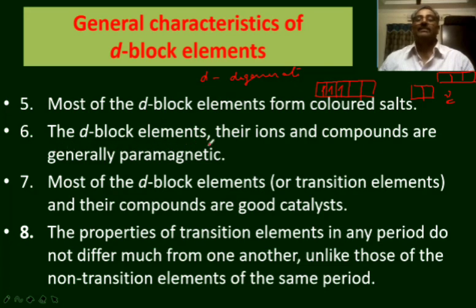Next, the d block elements and their ions and compounds are generally paramagnetic in nature. The paramagnetic nature is due to the presence of unpaired electrons. You know that a spinning electron behaves as a magnet. A magnetic moment is developed due to the spin of electrons.